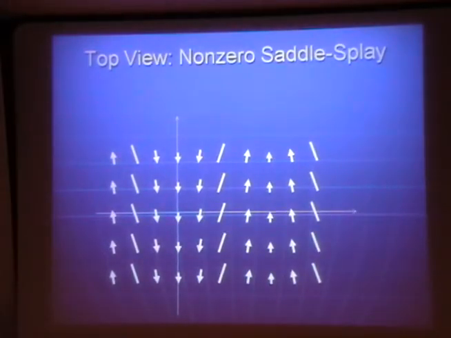And this is what that expression dictates. As you see here, the z component must be changing, varying.